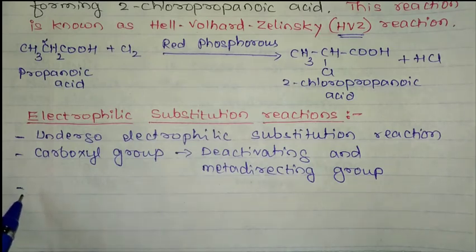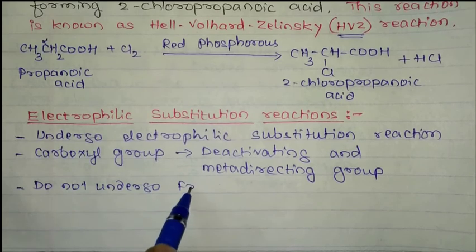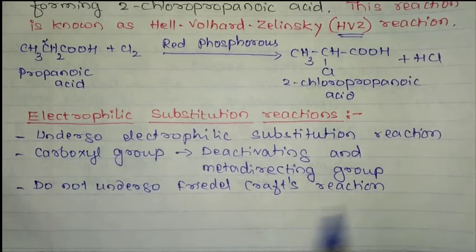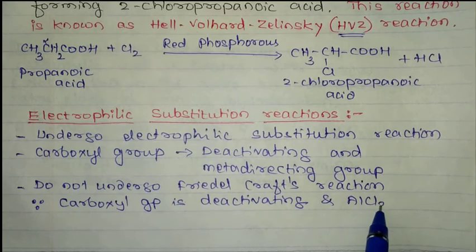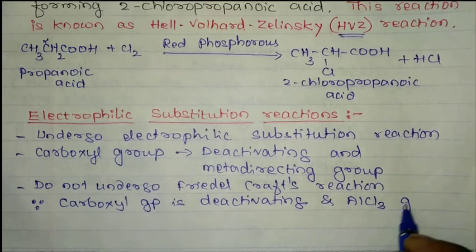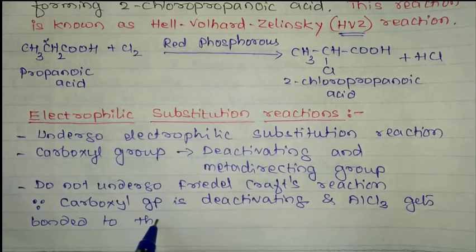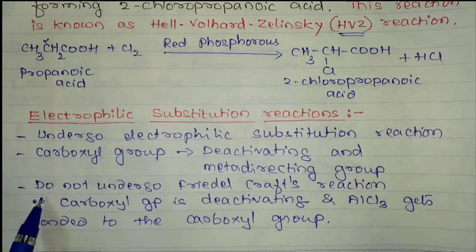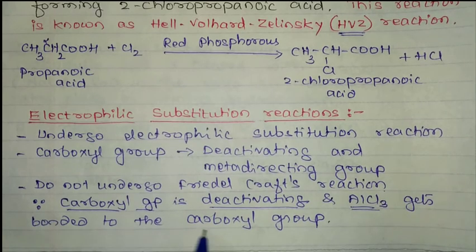Carboxylic acids do not undergo Friedel-Crafts reaction because the carboxyl group is deactivating and the catalyst, anhydrous aluminum chloride, gets bonded to the carboxyl group.